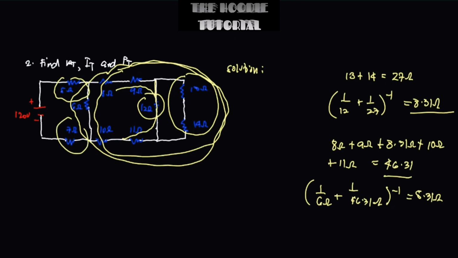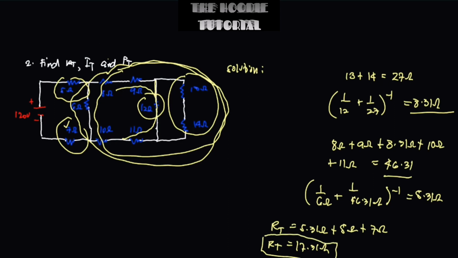We can just add all that up so that we can come up with the total resistance. RT is equal to 5.31 ohms plus 5 ohms plus 7 ohms. So therefore our RT will become 17.31 ohms. So this would be our total resistance.